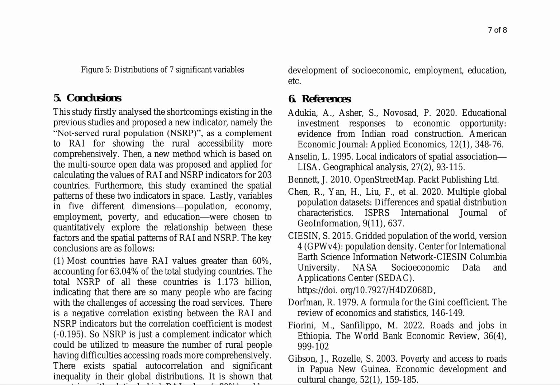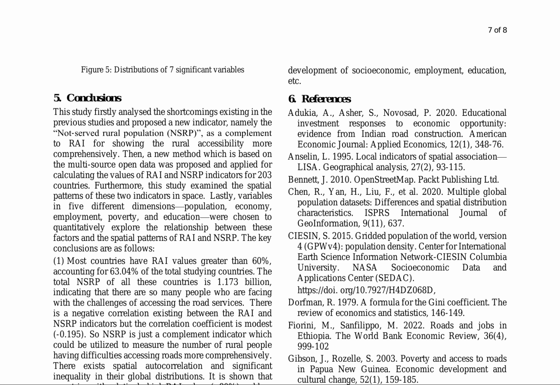There is a negative correlation between RAI and NSRP, but the correlation coefficient is modest, -0.195. This indicates that NSRP can be used as a complementary measure to assess the number of rural people having difficulties accessing roads more comprehensively. The study also reveals significant spatial autocorrelation and inequality in the global distribution of RAI and NSRP.